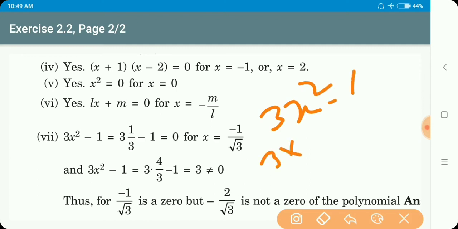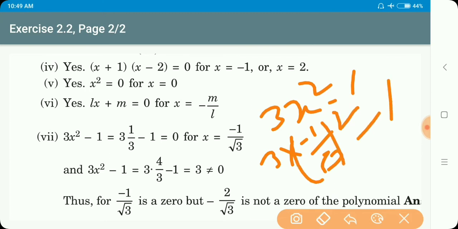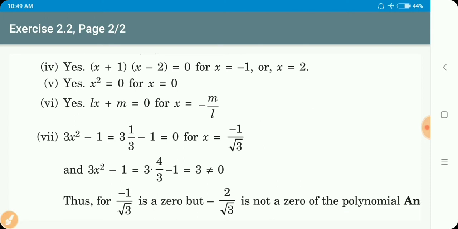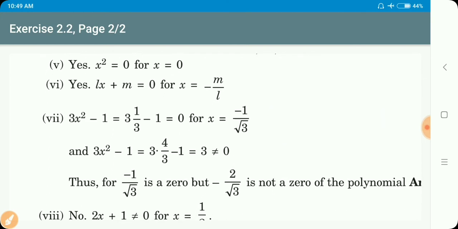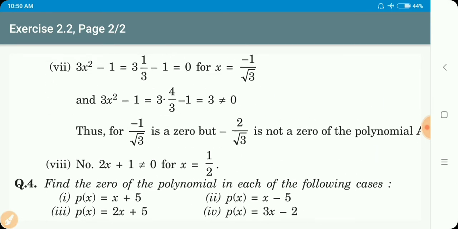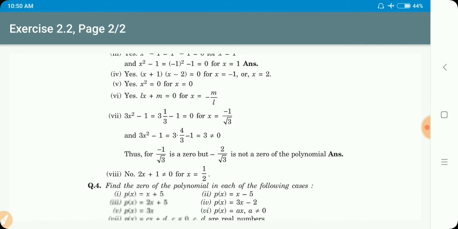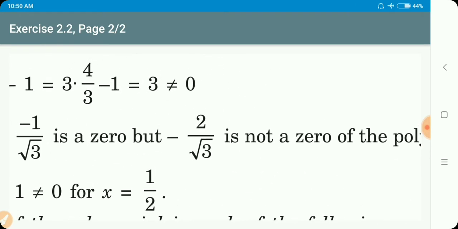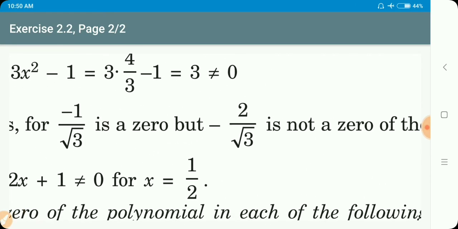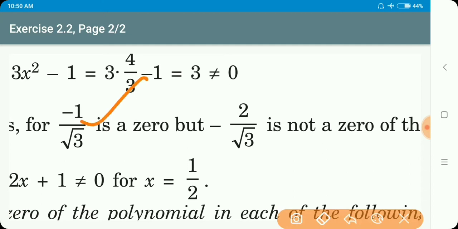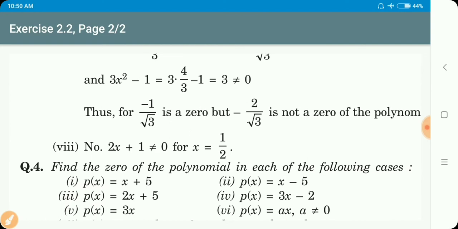So 3 into minus 1 upon root 3 square minus 1. If you solve it, your value will be 0. So yes, it is a zero. But when you put the other value, your value will not be 0. For this it is 0, for this it is not 0. I hope you got it.